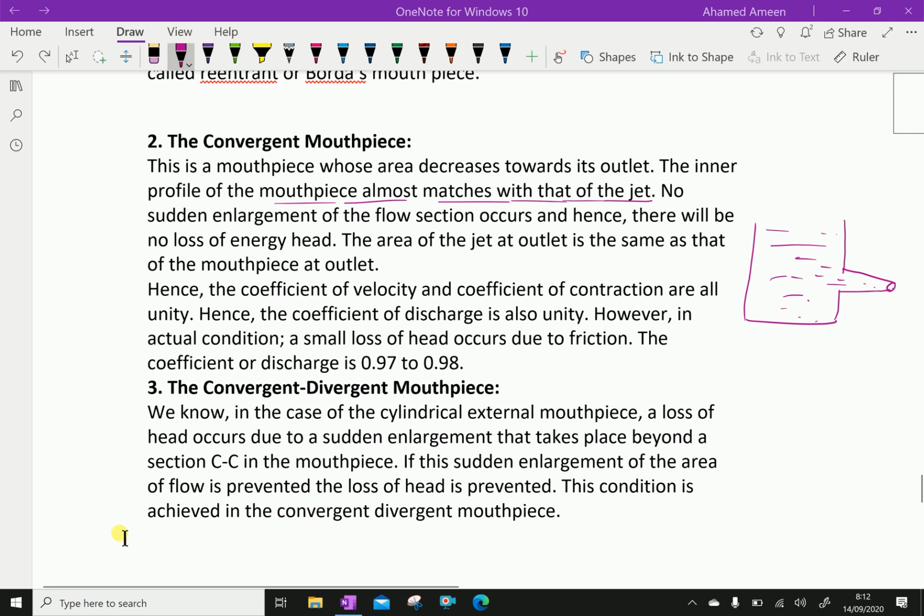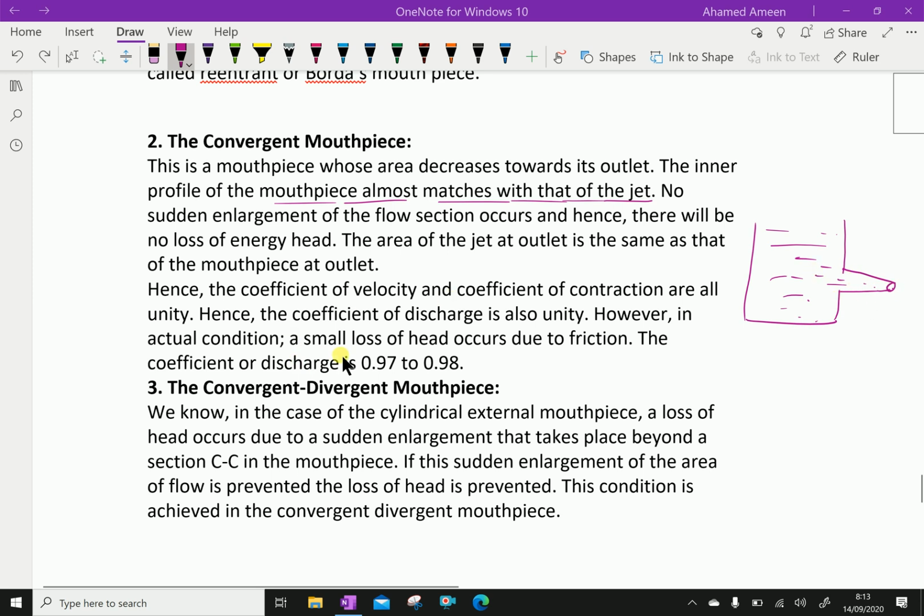Normally if there is a free hole, the water jet contracts at the vena contracta. That contraction matches the cross-sectional area of the mouthpiece reducing gradually.